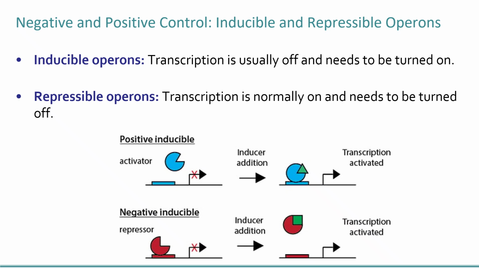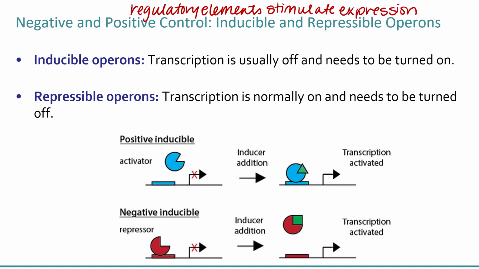Okay, remember that we have genes that are under positive control, and in a positive control, this is where our regulatory elements stimulate expression. And under negative control, our regulatory elements inhibit that gene expression.